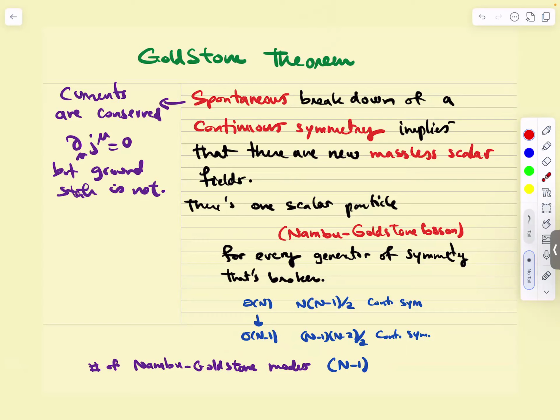Noether theorem tells you that every time you have a continuous symmetry in your Lagrangian, you have a conserved current. What does it mean to have spontaneous symmetry breaking? This is classical physics. It means that del mu J mu is equal to 0, so the current is conserved, but the vacuum is not invariant under the symmetry. That's generically the case, actually.